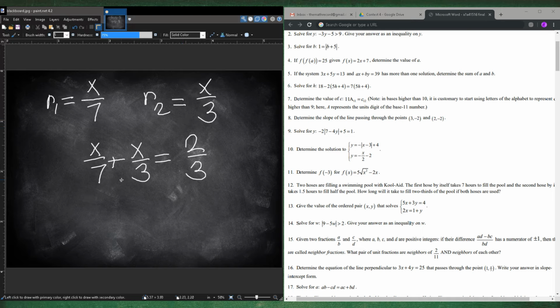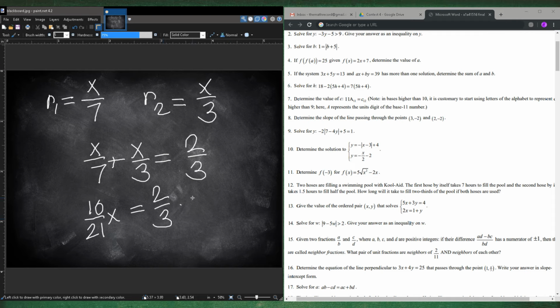Doing this, we have 1/7 plus 1/3. If you multiply 1/7 by 3, that's 3 over 21, and 1/3 times 7 on top and bottom is 7 over 21. So that gets 10 over 21. So 10 over 21 x is equal to 2/3.